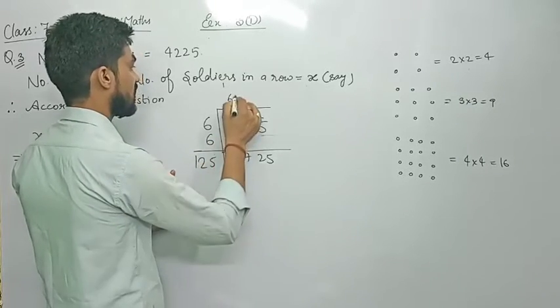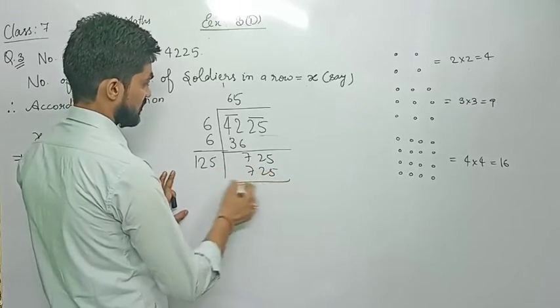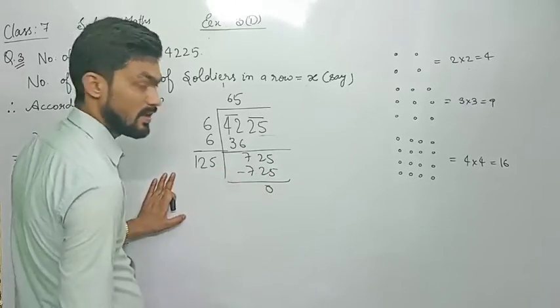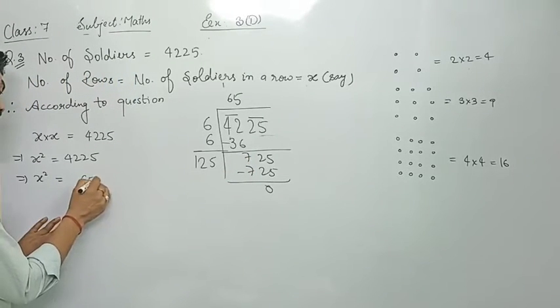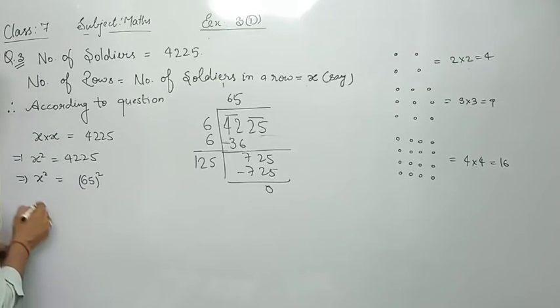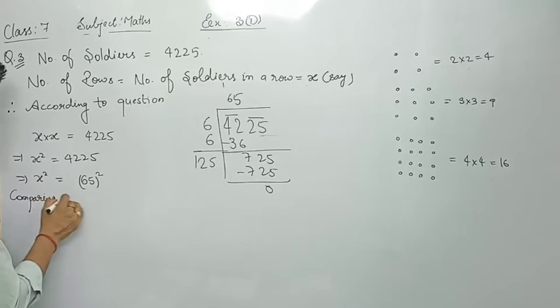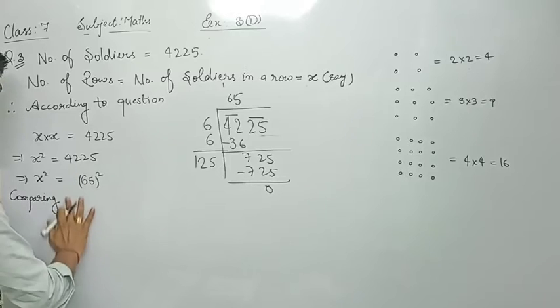If you take 5 here, it will become 725. It will be 0. Correct? So it will be 65 square. So at the place of X, you will get 65. So you will write comparing bases from both sides.